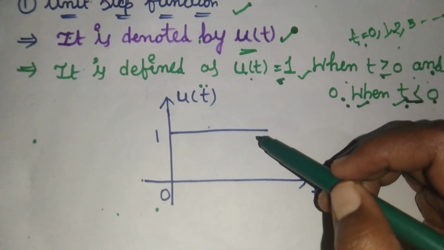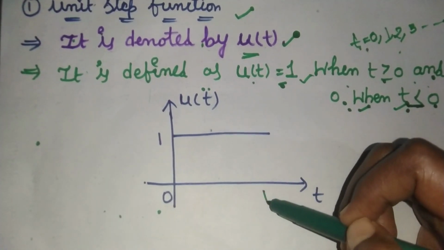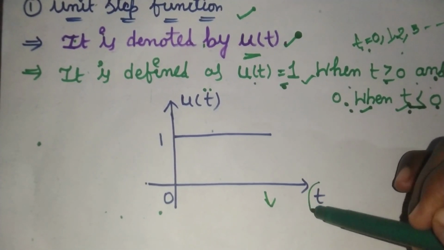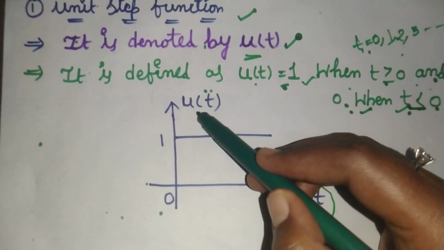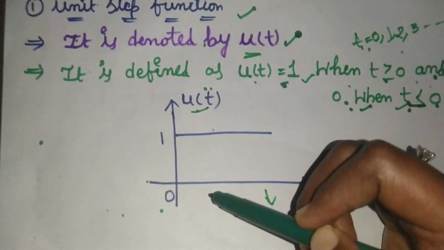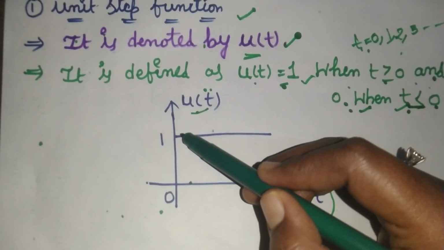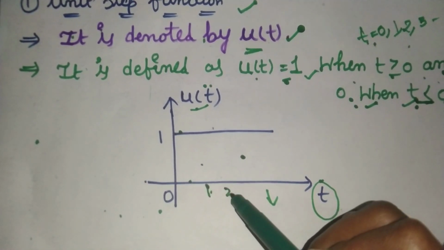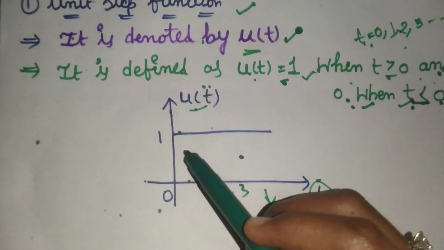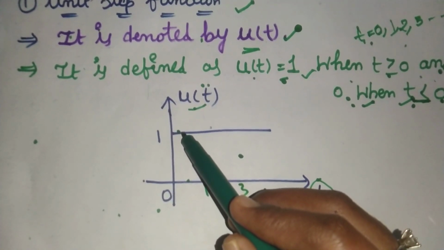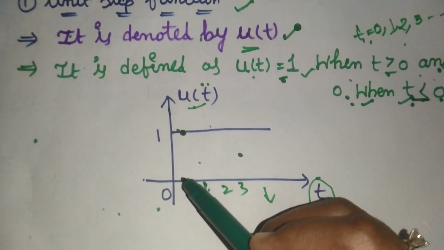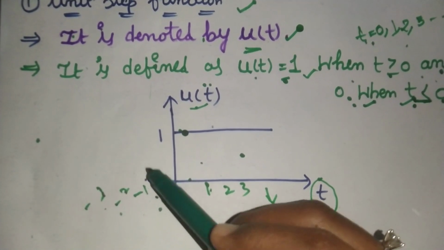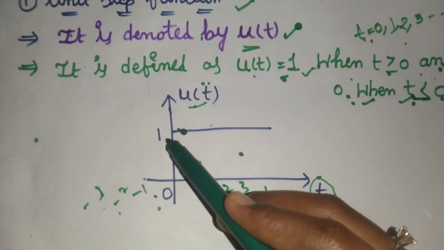This is the graph of unit step function. Here in the x-axis we take time and in the y-axis we take u of t. The value of u of t is 1 when t is greater than or equal to 0, here t equal to 1, 2, 3 and so on. And here minus 1, minus 2, minus 3, for these values the value of u of t is 0.